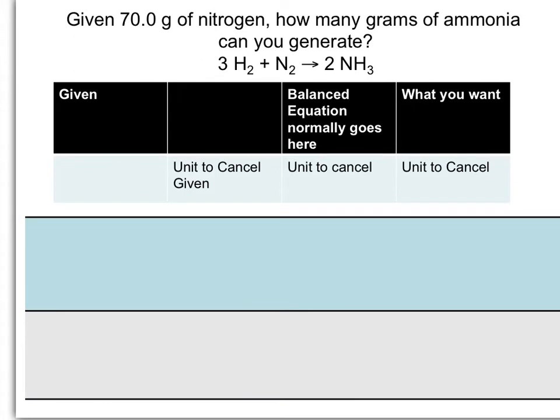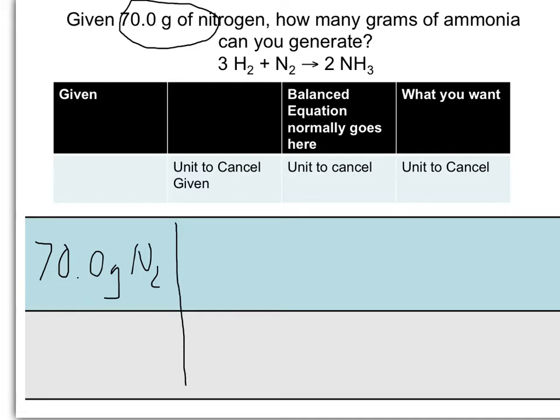So first off, my given has to go on the upper left. My given is this 70 grams of nitrogen. So I'm going to set up 70 grams of N2. That's my given. Then my unit to cancel, I need to get rid of grams of nitrogen, and so I'm going to be going to moles.